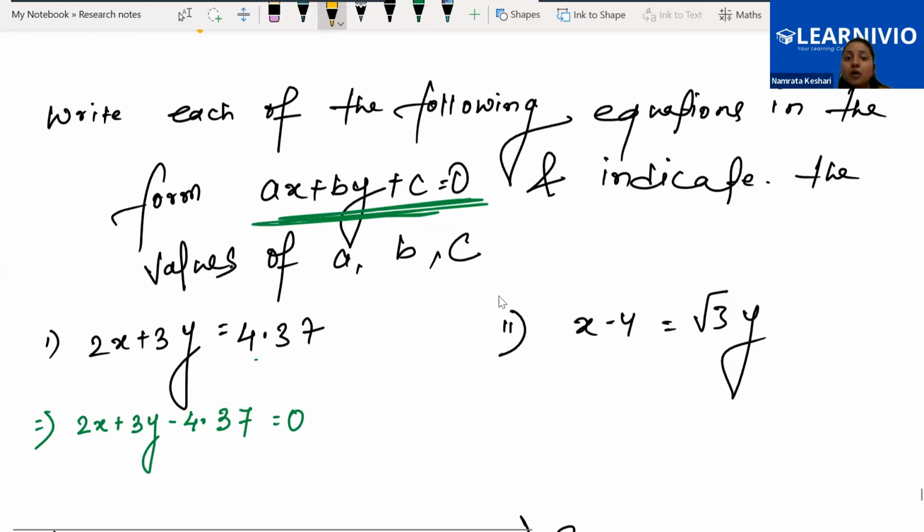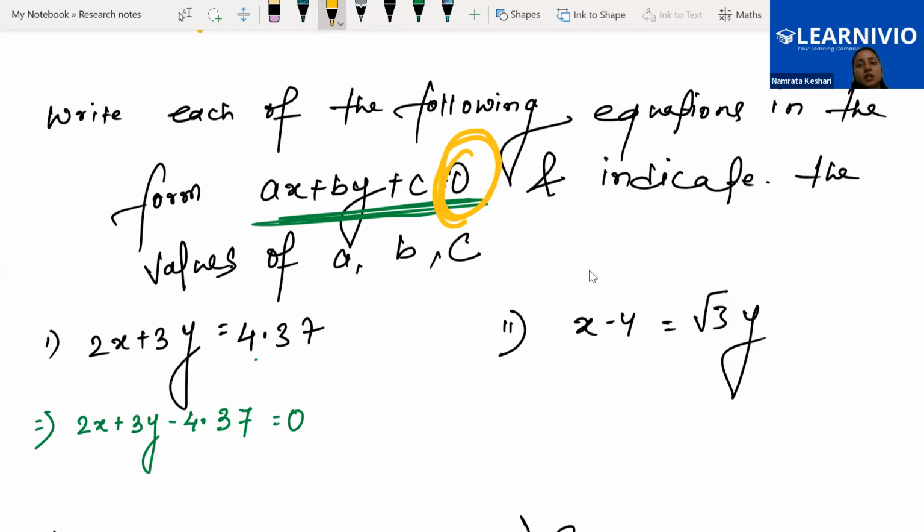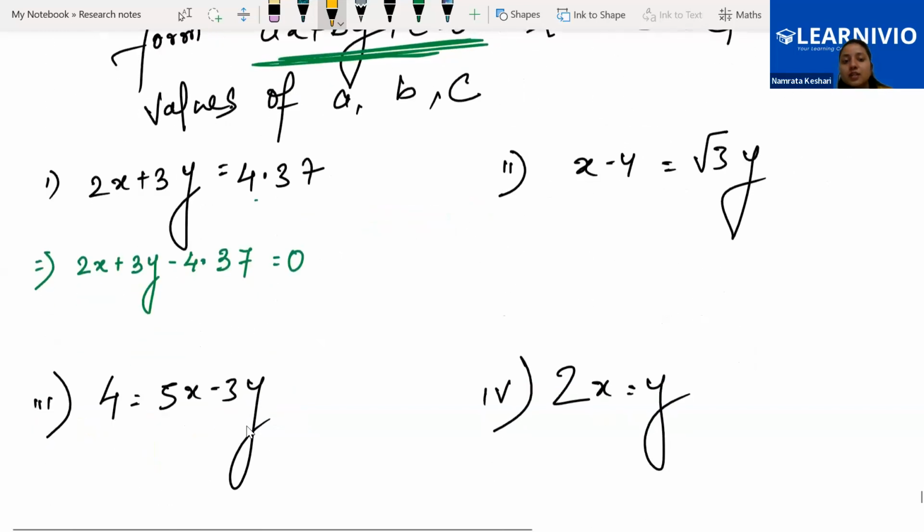So we are going to maintain this 0 on one side. Let's continue. 2x plus 3y minus 4.37 is equal to 0. This is how we have represented it in standard form.